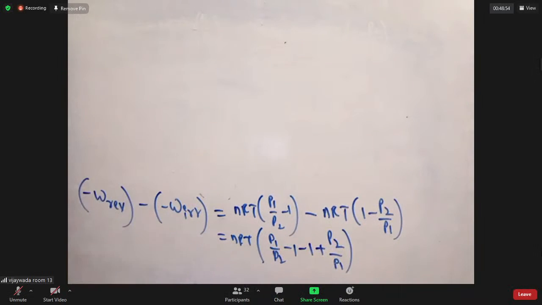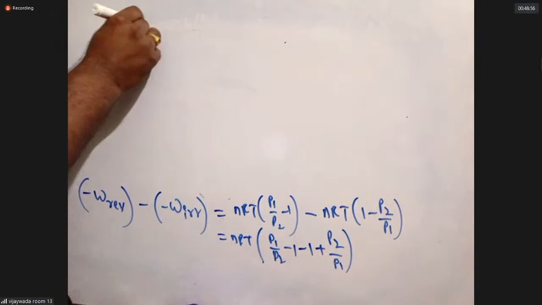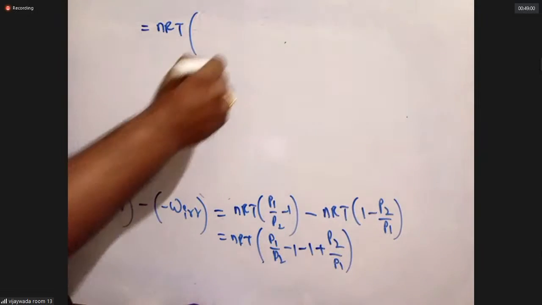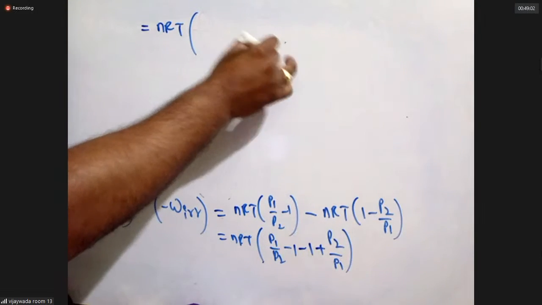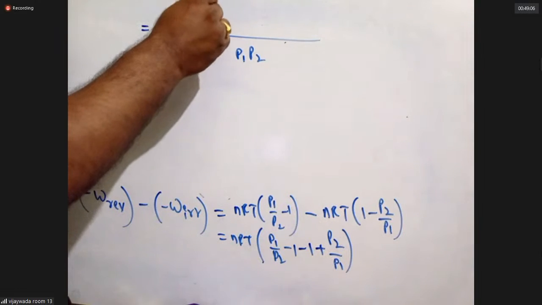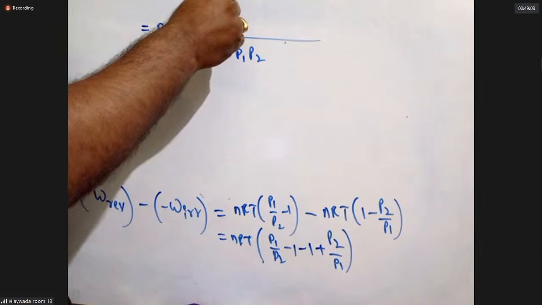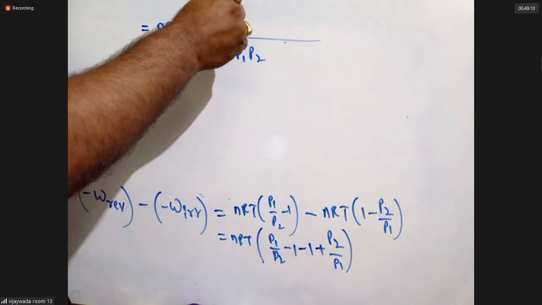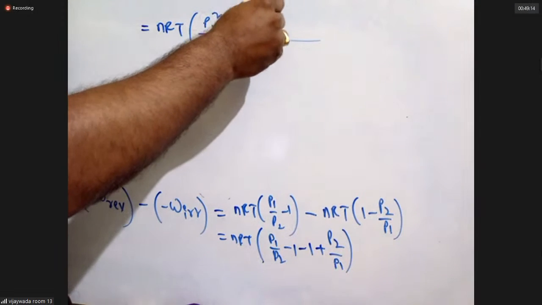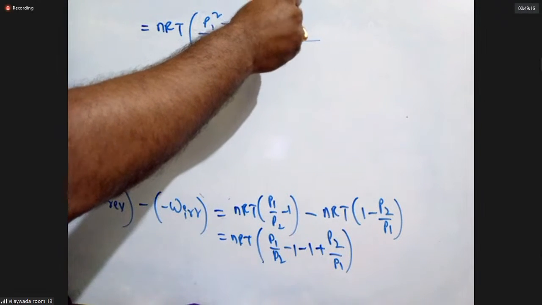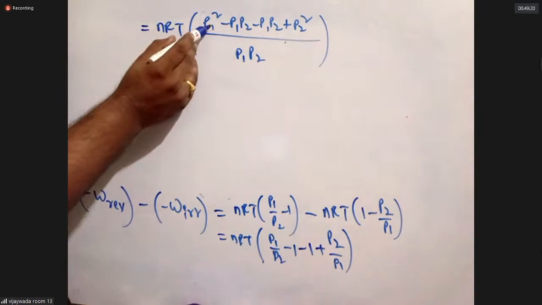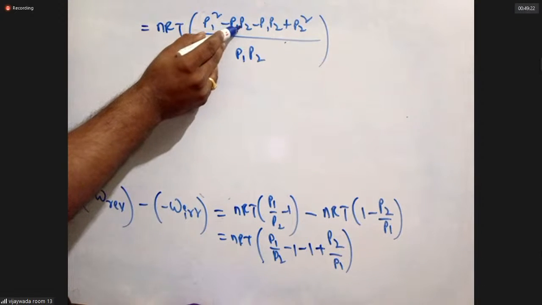Now the expression is nRT, LCM is P1 P2, so we can say P1 square minus P1 P2 minus P1 P2 plus P2 square. This is the equation: P1 square minus 2 P1 P2 plus P2 square.